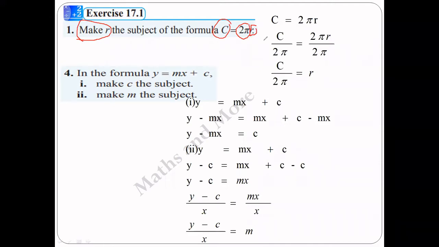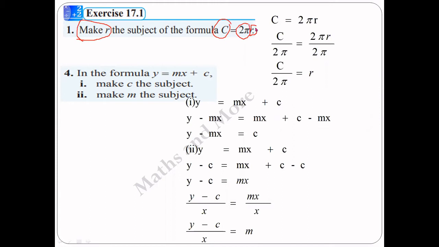So how to do it? Can we subtract? Can we add? Only for mathematical operations now. So you have to decide what we should do. By adding or subtracting or dividing or multiplying, by using which method you can remove 2 phi. How to remove 2 phi?